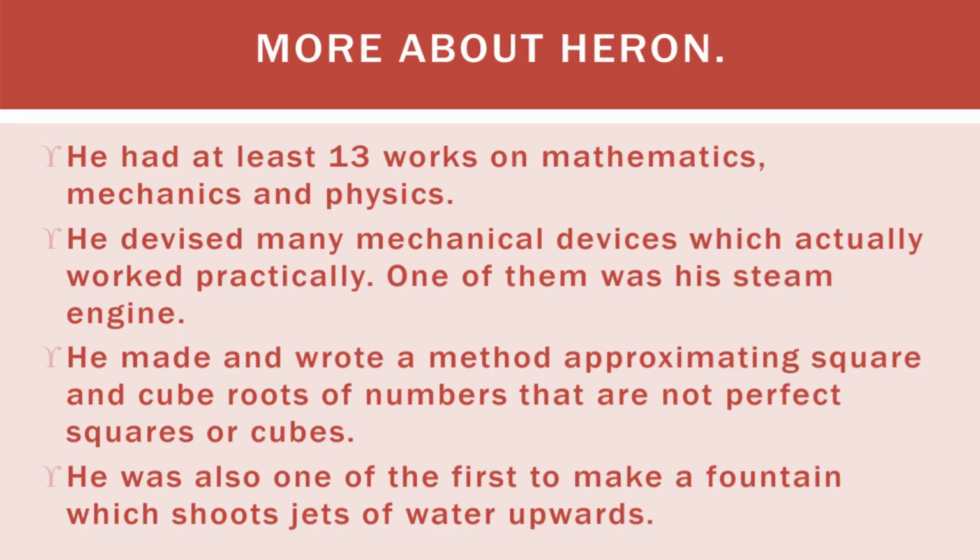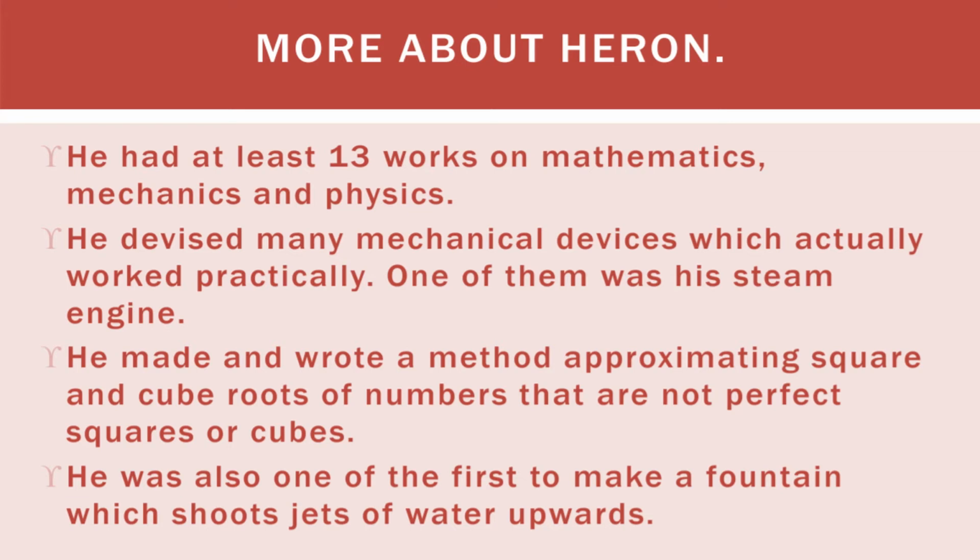More about Heron. He had at least 13 works on mathematics, mechanics, and physics. Okay, my children. He devised many mechanical devices which actually worked practically. One of them was his steam engine. Okay, my children.